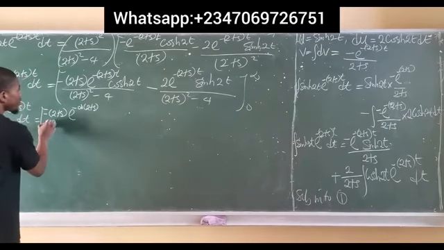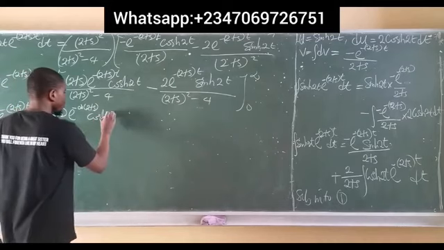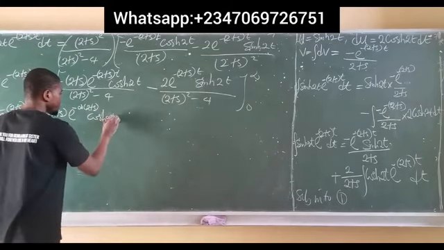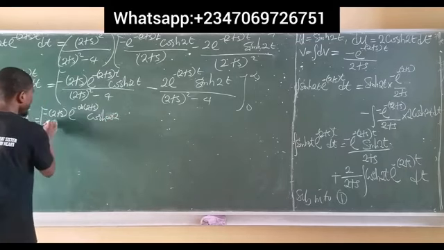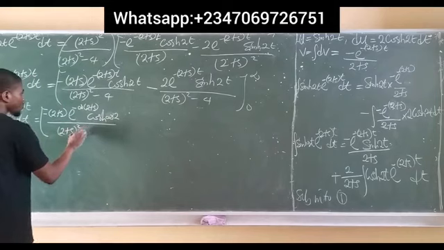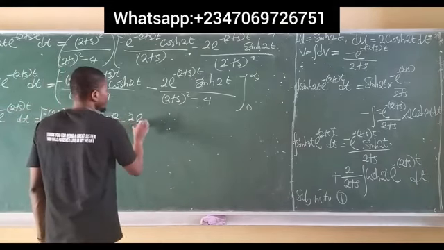Cosh 2t, so in place of t is infinity, so it becomes cosh of infinity times 2 all over (2+s)^2 - 4, minus 2 e^(-(2+s)t).